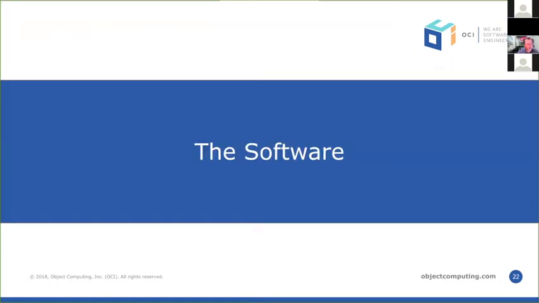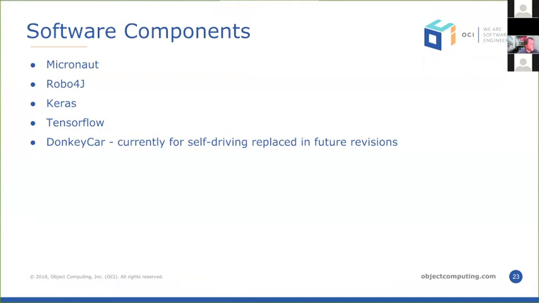So let's get into the software here. We've got a bunch of components that we assembled this thing from. Really, the inspiration was to make something like DonkeyCar ported to the JVM. So we ended up using Micronaut as the framework to do the remote control driving around part. We're using a Java library called Robo4j to control the servos.